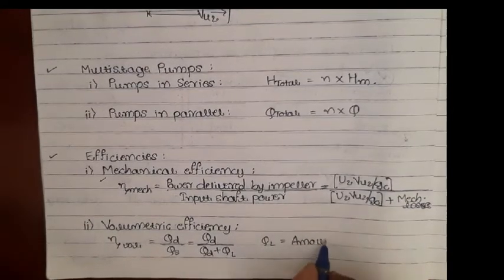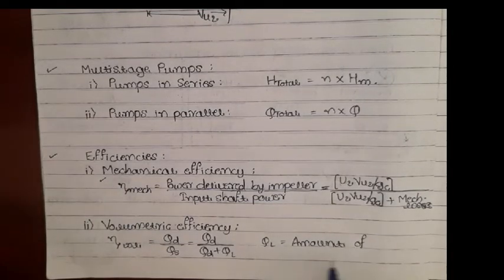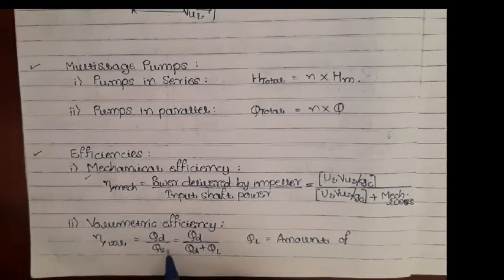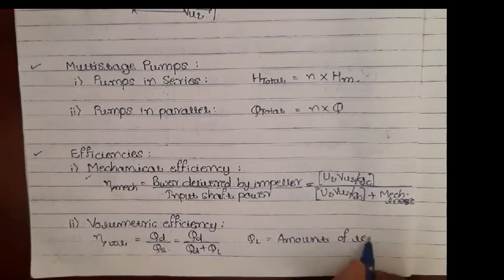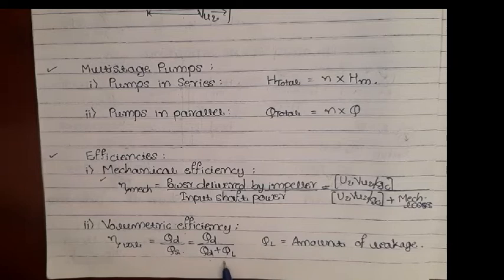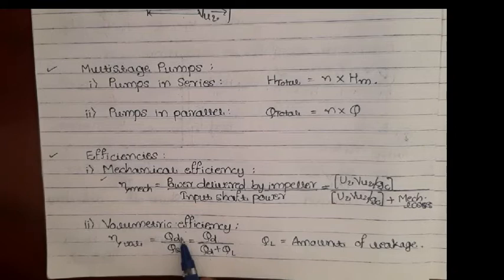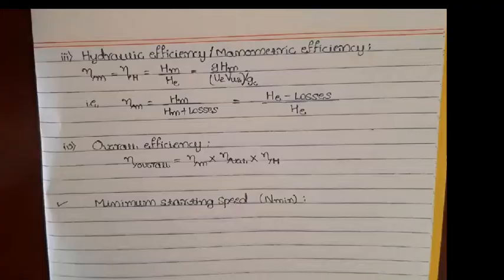When the pump develops suction pressure, it takes, say for example, QS amount of water into the impeller, but not all the water sucked into the impeller will be delivered, some amount will be leaked. That is known as QL, the leakage part, taken as loss. So it is the ratio of the discharge delivered to the discharge taken into the impeller. That is what is known as volumetric efficiency.